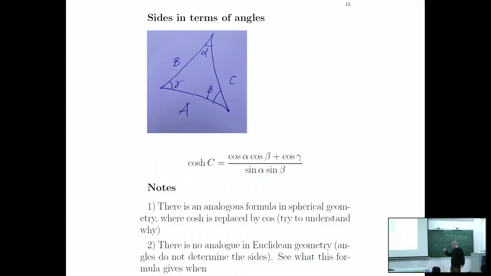Since we know that infinitesimally, hyperbolic geometry is Euclidean. This formula seems to give a contradiction. Okay, so this is a problem for you.